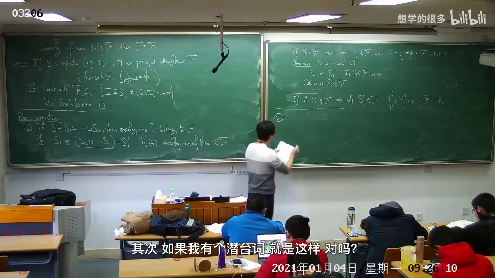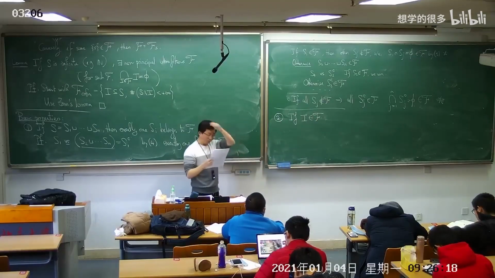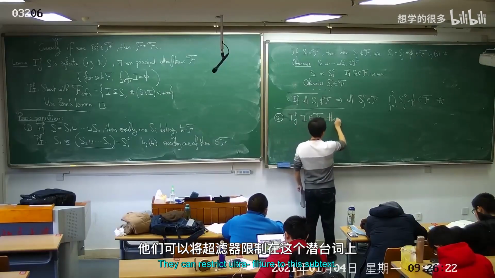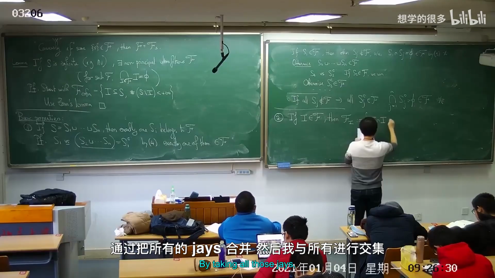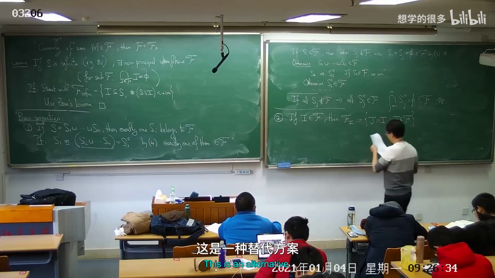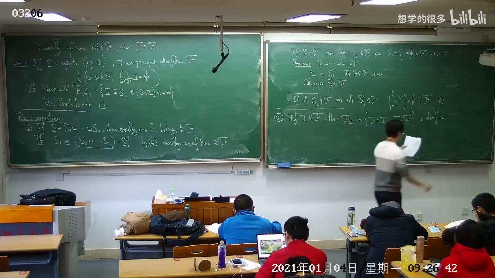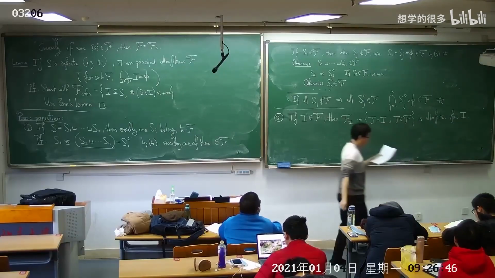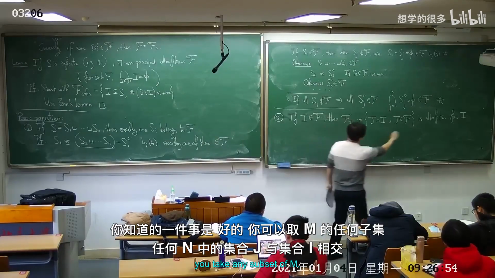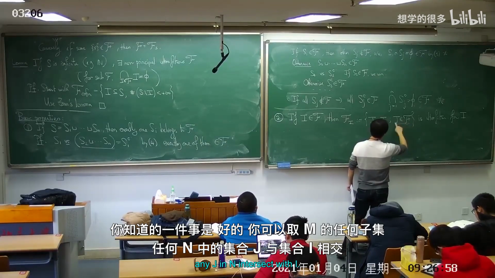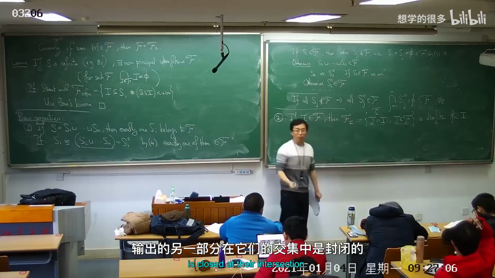Secondly, if I have a subset I, we can restrict the ultrafilter to the subset by taking all those J's in F, then intersect with I. Because this is an ultrafilter, you take any J in F, intersect with I. But this thing itself also belongs to F, because I is in F and the ultrafilter is closed under intersection.